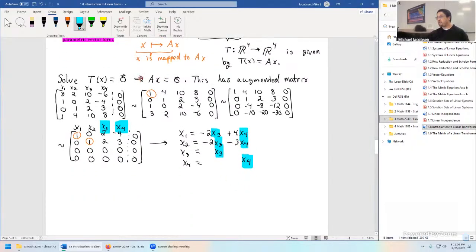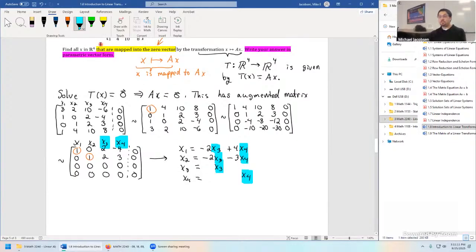Now we're just about ready to write down all vectors mapped into the 0 vector by this transformation, indicated by T down here, same exact algebra. The punchline is T of x equals a 0 vector implies x, which is a column vector of 4 entries, x1, x2, x3, x4, is equal to a linear combination.